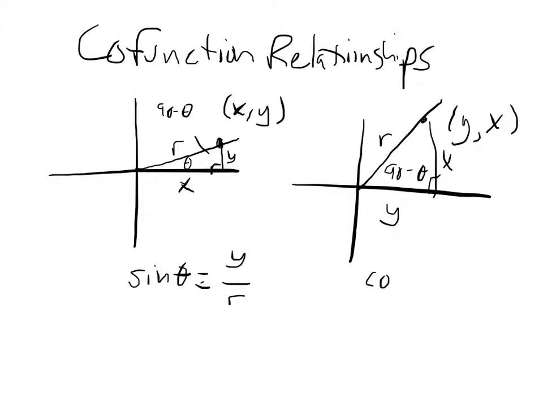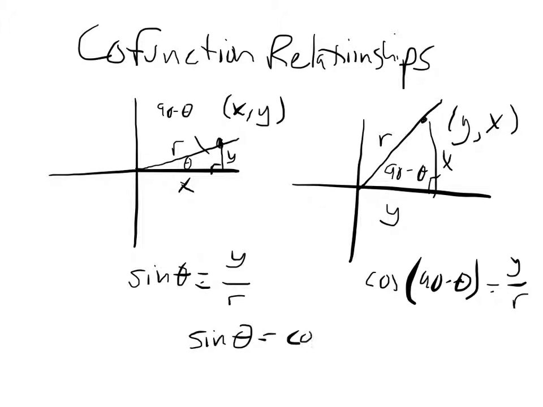And how about the cosine of 90 minus theta? That also is going to be y over r. Well, by the transitive property, if two things are equal to the same thing, then they're equal to each other. Therefore, sine of theta equals the cosine of 90 minus theta.